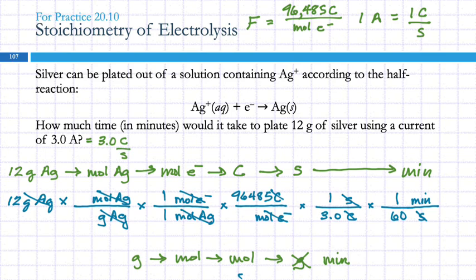Silver, 107.9. 1 mole is 107.9 grams. It's the molar mass, it's the mass of 1 mole. And so now we just have to calculate. And just multiply by the top, divide by the bottom, and go all the way across. You don't have to write anything down. And just do it all in one fell swoop.